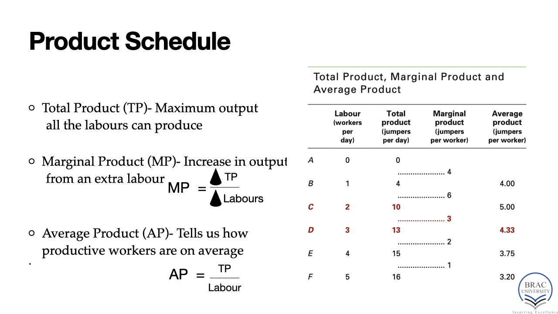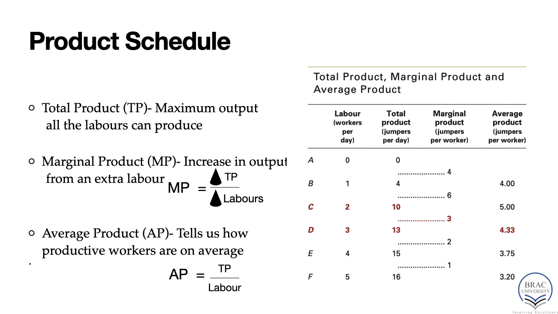Then it shows marginal product, which is the increase in output from just one extra unit of labor. And also it shows average product, which is simply the average product or output per labor. And in the exam, we might ask you to calculate all this.